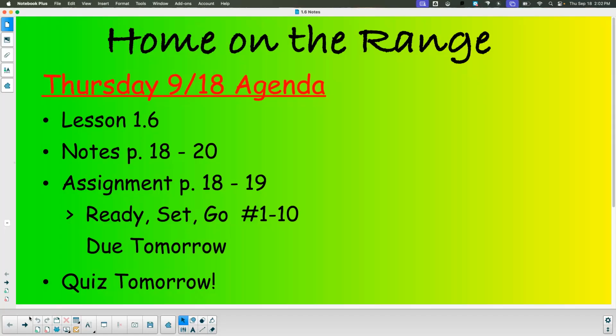Then find the missing terms, so we're going to fill in those blanks. And then give me the recursive and the explicit equations to go along with both of those. And then the bottom one is just some graphing and some slopes and some making the equation of the line. Okay? All right, page 18, go for it.